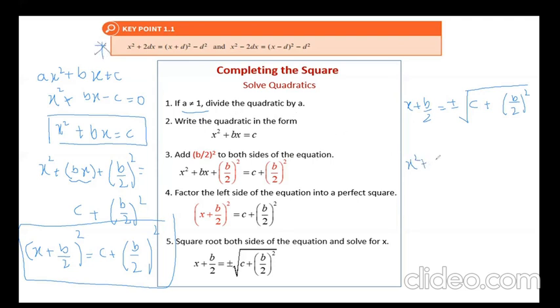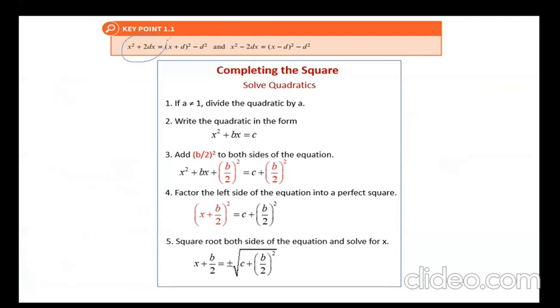So the general form is, the main point to remember is x square plus 2dx. What does this mean? This expression shows that it is a square plus 2ab, where the first term is x and the second term is d, so we added d square, and we subtract d square also for general equalization.